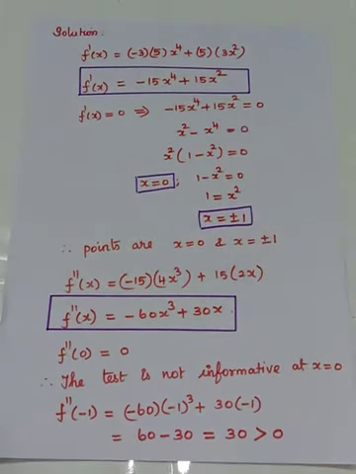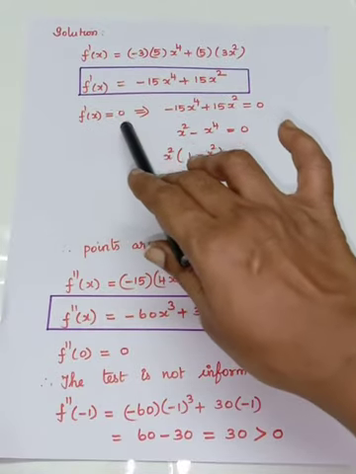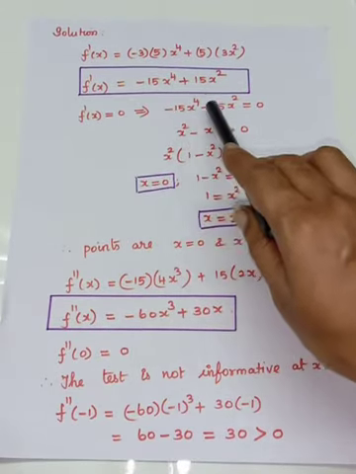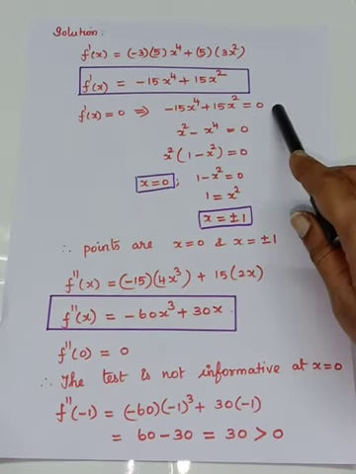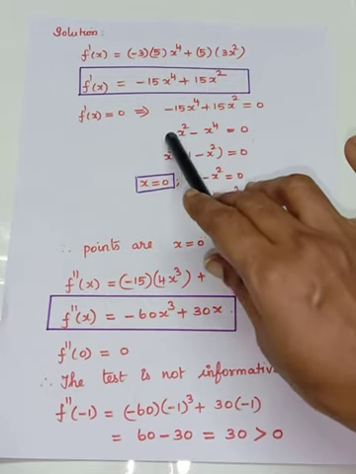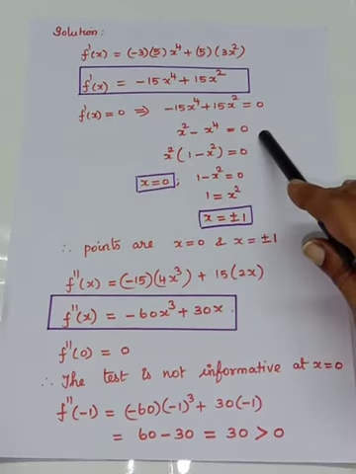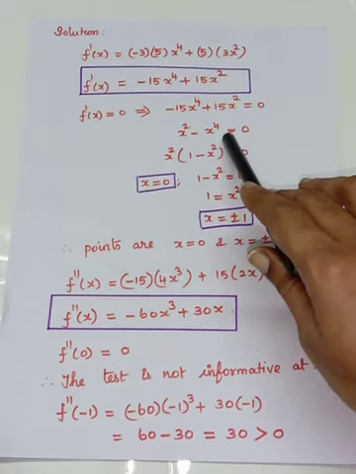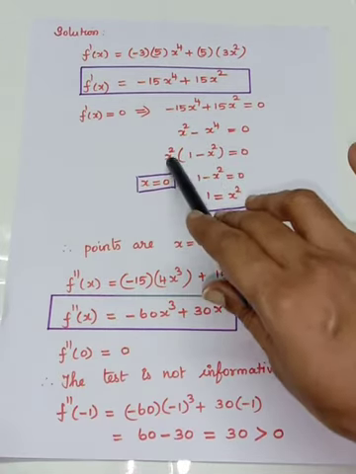What's the second step? You have to equate f dash of x to 0. So equate it: minus 15x power 4 plus 15x squared is equal to 0. From this, 15 is common. So when you take it to the right side, 0 by 15 is 0. So here you are having x squared minus x power 4. From these two, what is common? x squared.